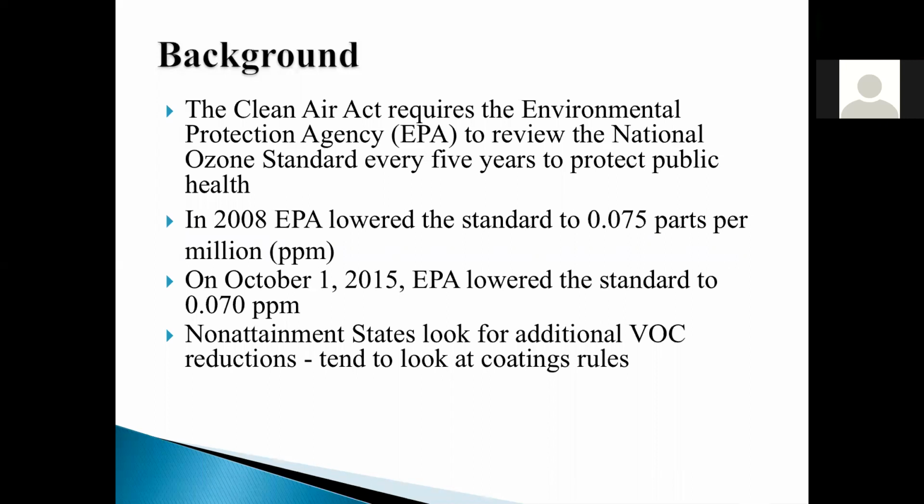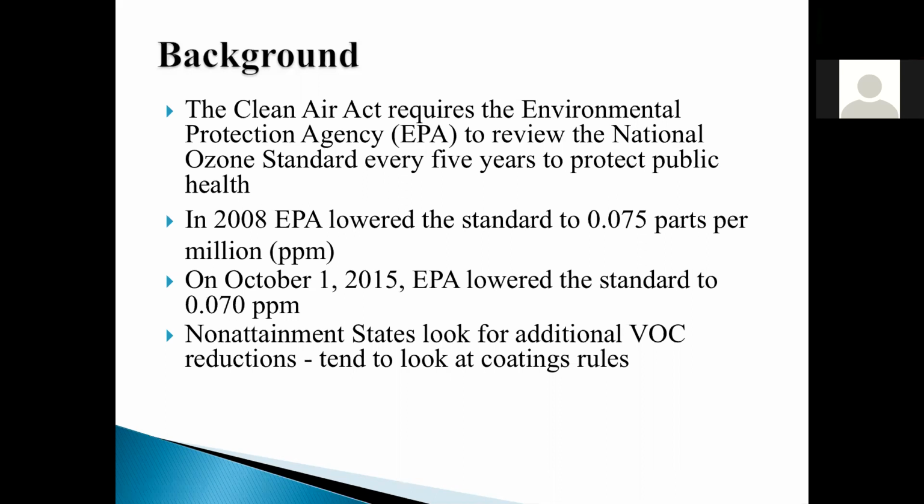The reason I'm mentioning this in the slides is that, again, it's a driver. The states have to comply with the National Ozone Standard. They have to come up with their state implementation plans. They have to essentially tell EPA how they're going to come into attainment for ozone.